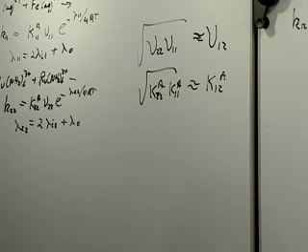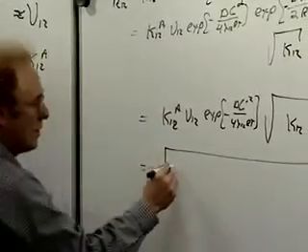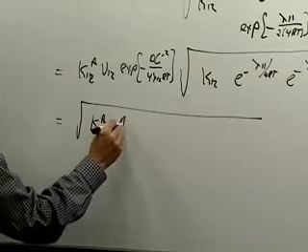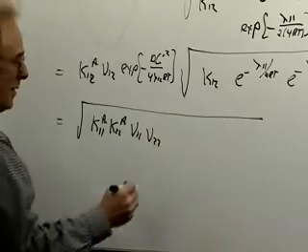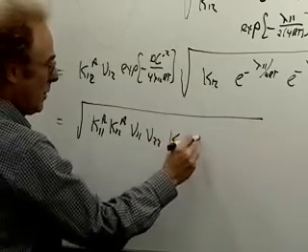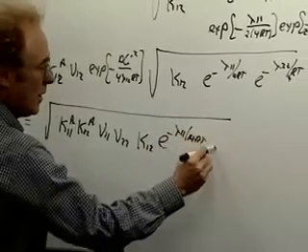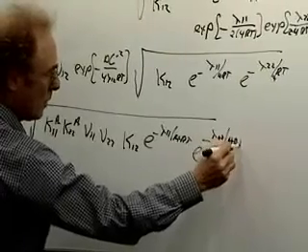But if you make this assumption, you get a K11A, a K22A, a nu 11, a nu 22, a K12, an e to the minus lambda 11 over 4RT, an e to the minus lambda 22 over 4RT.